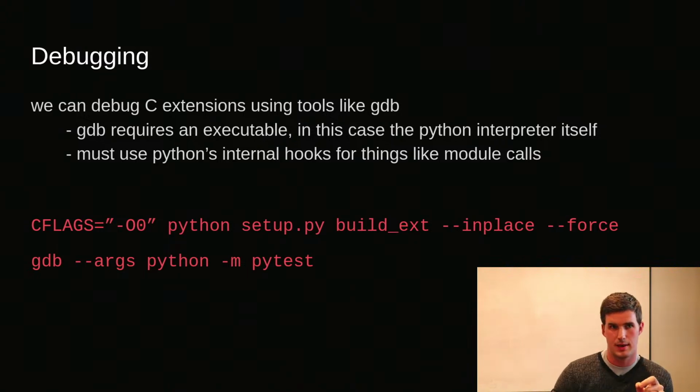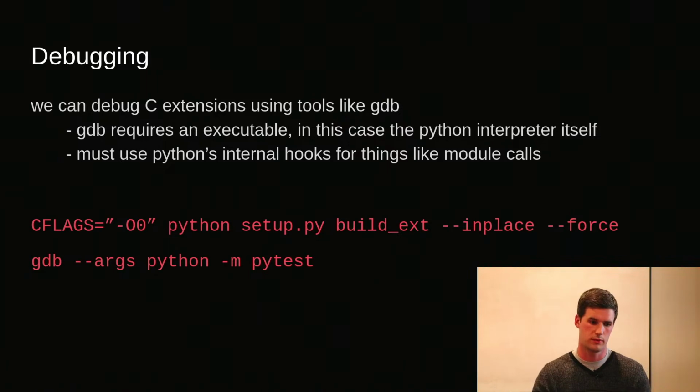The nice thing about this is when you're doing test-driven development like this, you get PDB for your Python code, and then you get GDB for your C code. So you can set breakpoints in both your Python code and your C code, and have a similar workflow when working with code written in Python and code written in C.